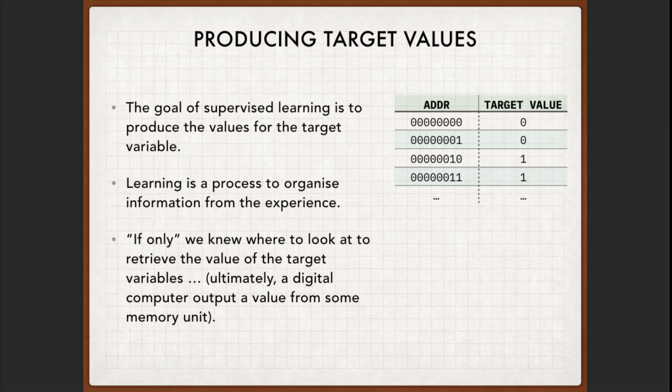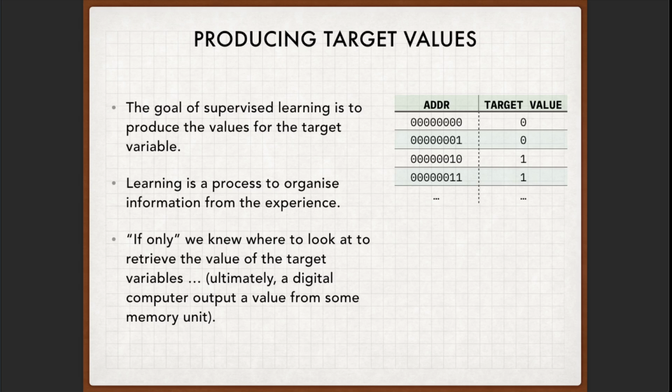Let us focus for now only on the very last step of the target value production procedure. That means we want to give out one particular target value. In an ideal world, we can say if only we knew where to look to retrieve the particular target value we should produce.